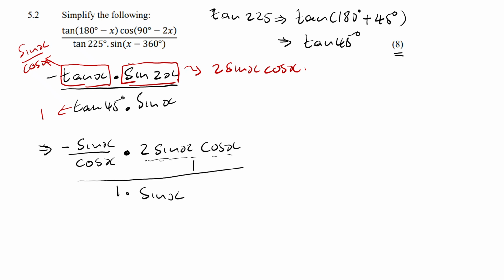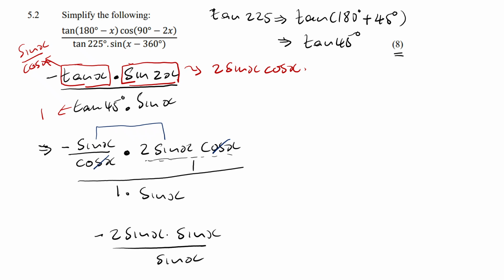So I need you to pay attention on this, guys. This and this cancel, and sine x will be multiplied with 2 sine x. So what is that giving you? In fact, let me just not multiply it yet, because I can see that on top I'm left with 2 sine x times sine x, because I see that sine x on the denominator, and I think you can agree with me that this guy and that guy will cancel.